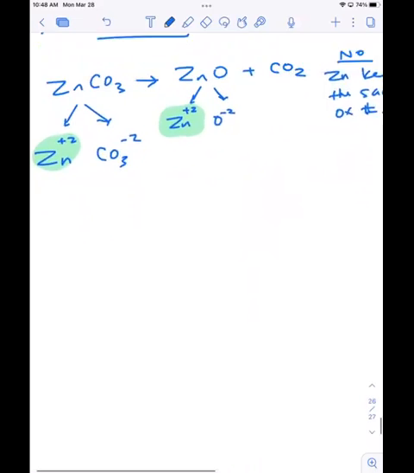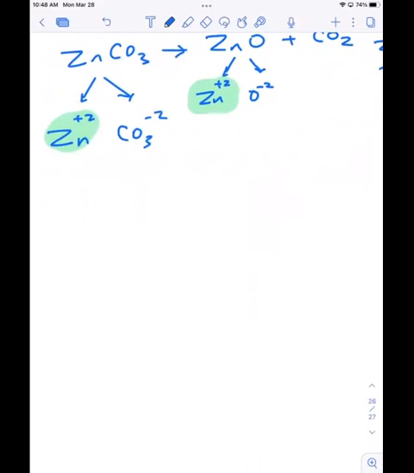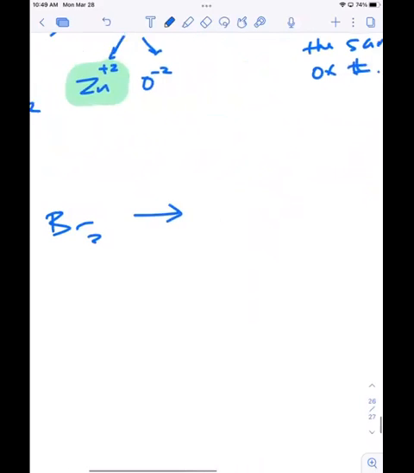So let me give you this one. So this is, let's see, gallium plus Br2 goes to gallium tribromide.